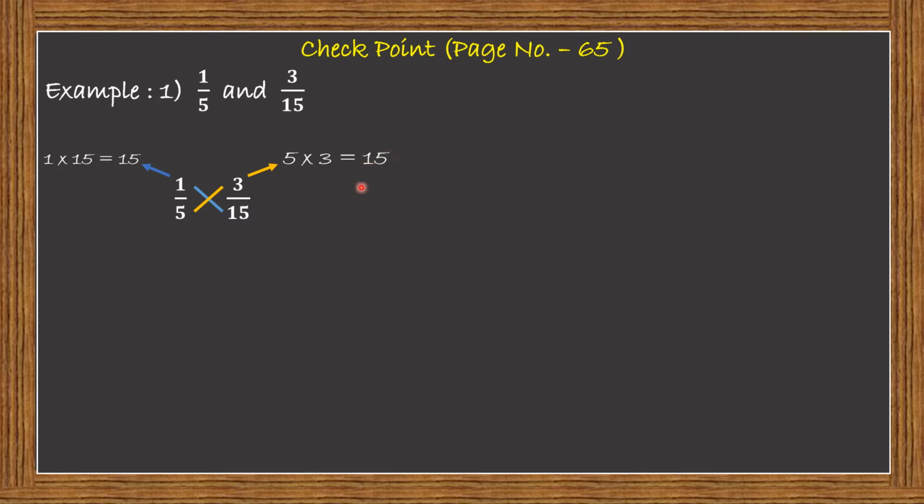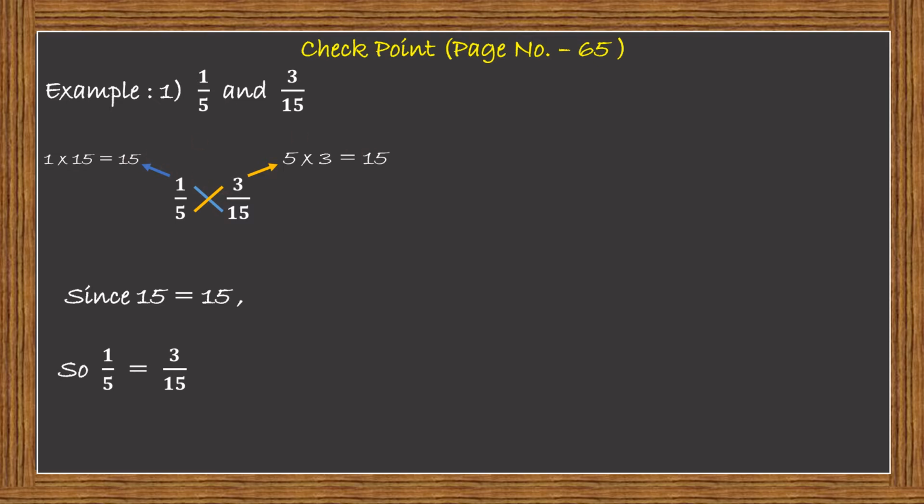And 15 into 1, or 1 into 15, the product is 15, is written on the left hand side. So what we have seen is that the product after cross multiplication is the same. So 15 is equal to 15. Therefore I can say 1 by 5 is equal to 3 by 15, because while cross multiplying we got the same product.